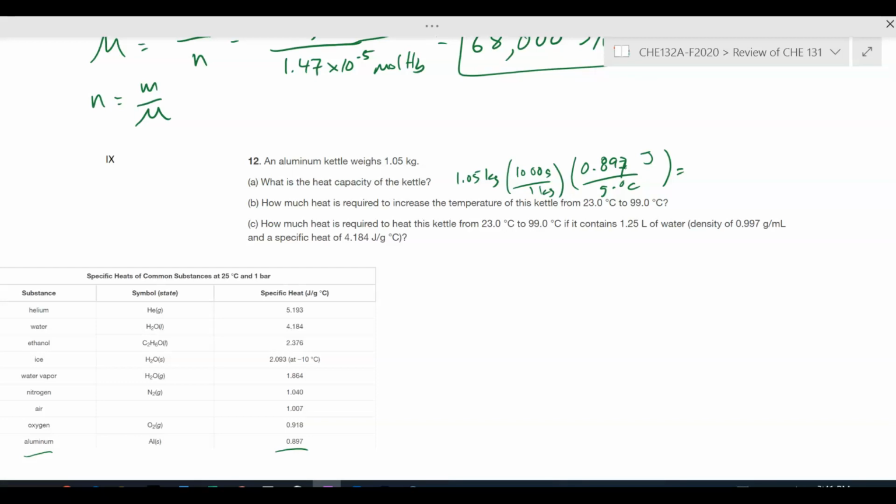If you're heating up, the kettle's going to absorb heat. So we have 1.05 times 1,000 times 0.897.